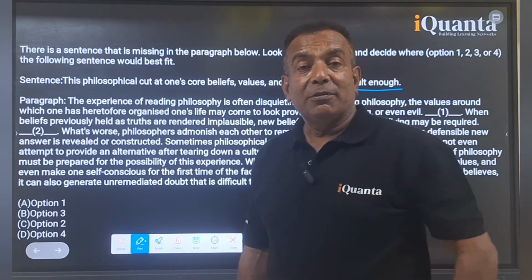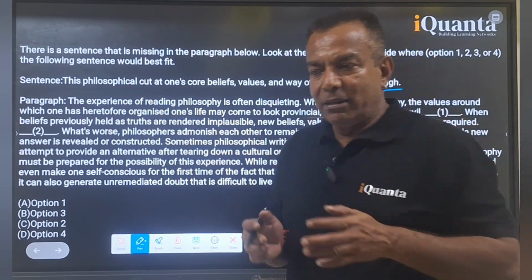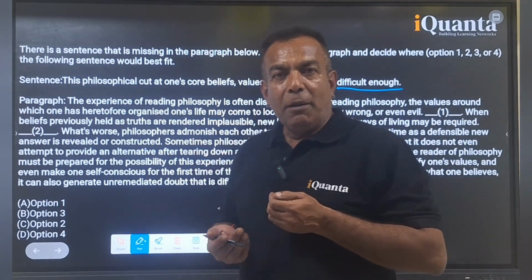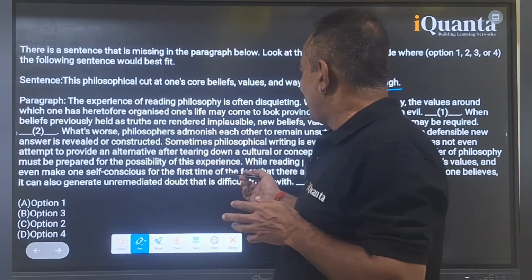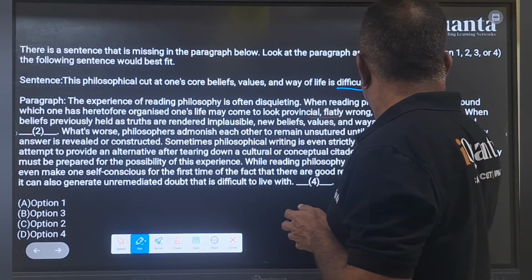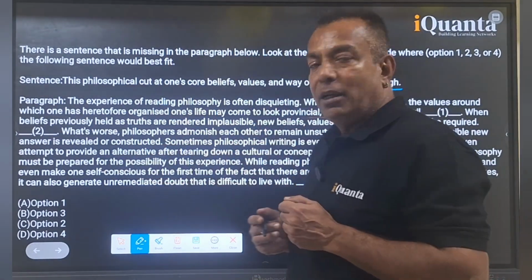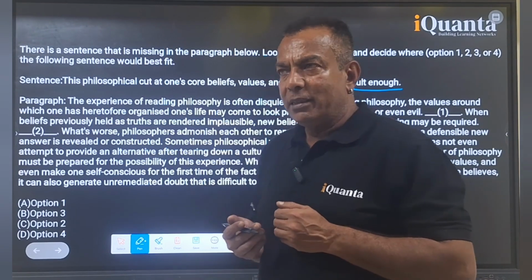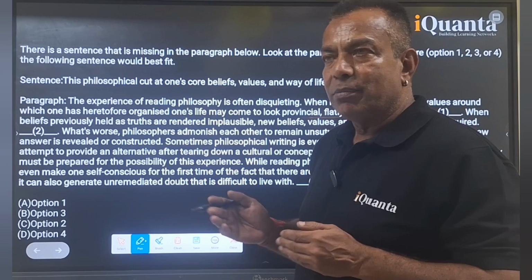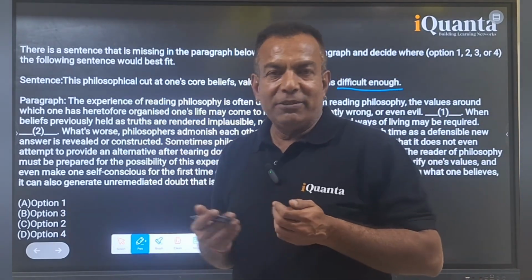So basically, certain philosophies are tearing down, breaking down your thought process and your values and beliefs, but they are not providing an alternative, not even attempting to provide one. Those writings basically tell you, okay, your idea is not good, but what could be the alternative? They do not provide that.